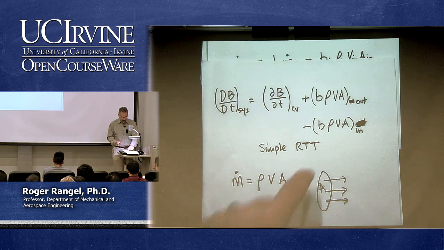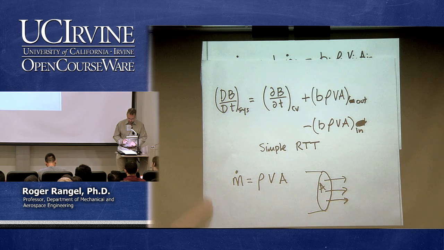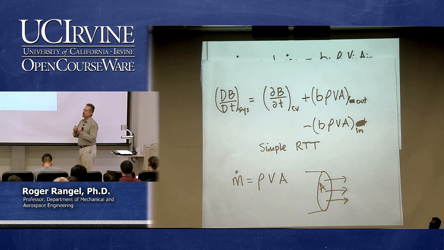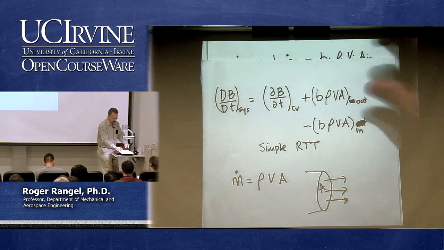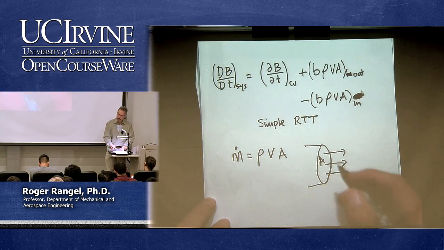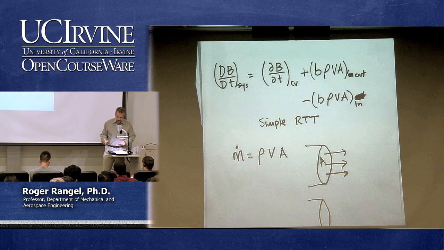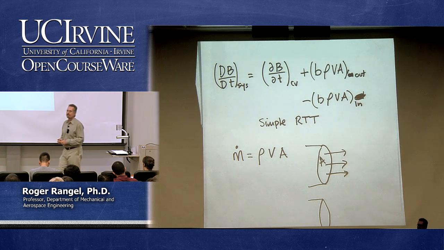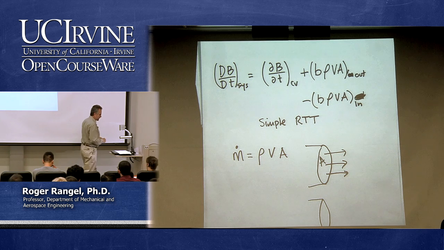Let's think about that this is the end of a pipe, for example. Let's try to make a more realistic schematic of what's going on at the end of a pipe. So here, this is a sort of generic schematic, and I'm going to make a better one. If I'm going to draw the velocity, how should I draw it? It'll be greater in the center and less at the edges.